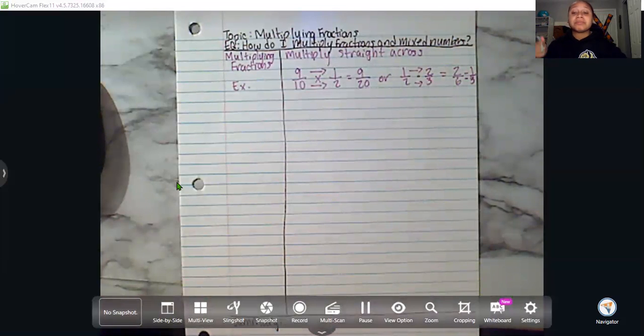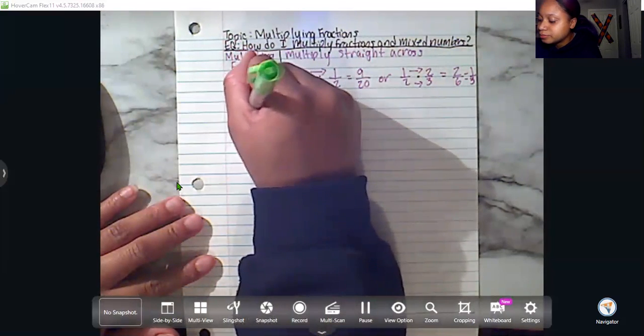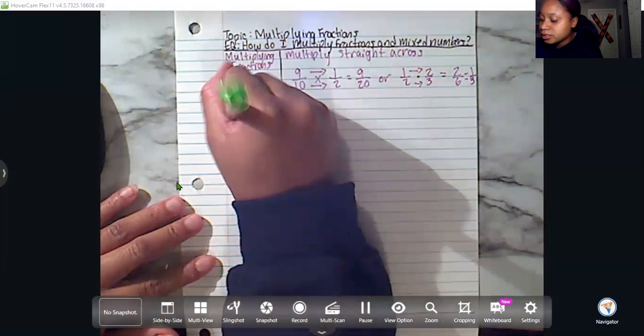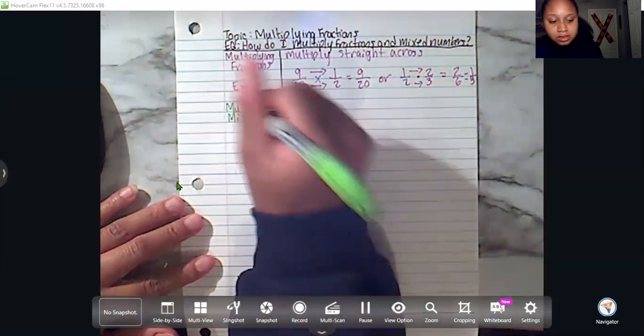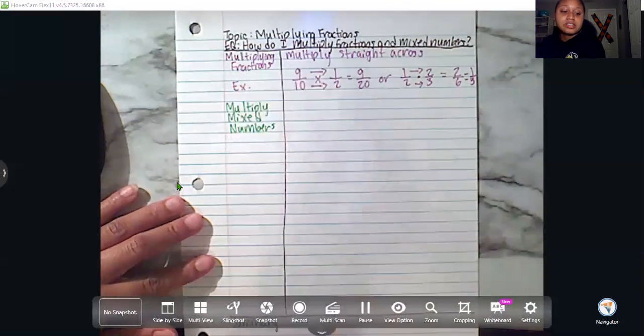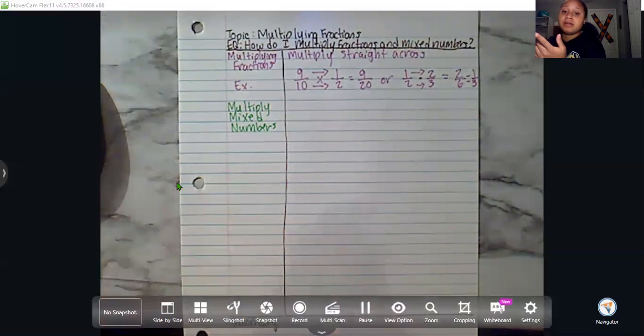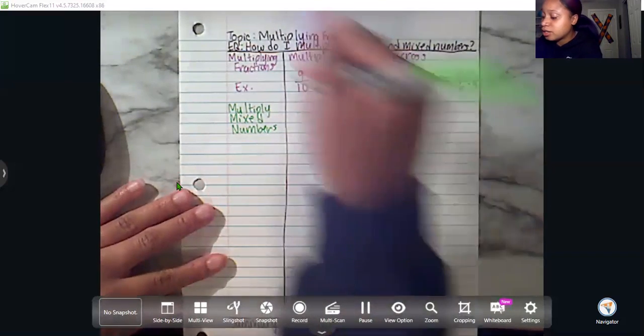Now we're going to talk about multiplying mixed numbers. It's a little bit different, very similar. It's just one extra little step that you have to take. So multiplying mixed numbers, similar process, but just one piece different. The first step is whichever number is the mixed number, you first have to change it into an improper fraction.